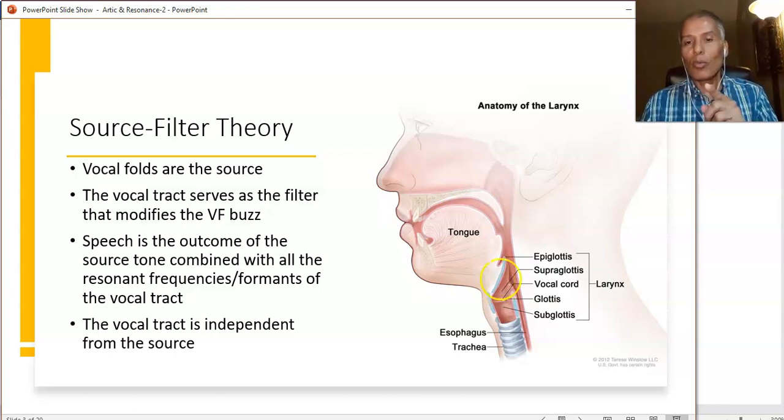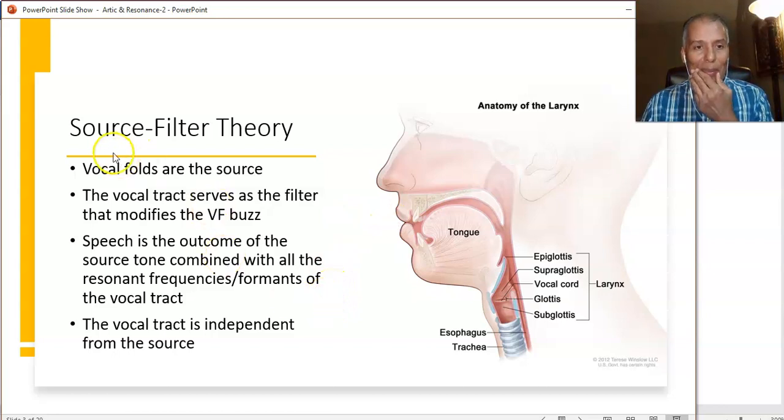Like the first one, for example, let's say 500 hertz, and then the second one will be 1500 hertz, and then you keep going. So all of these resonances are added with the vocal fold fundamental frequency tone, and all of them produce what you hear at the lips.